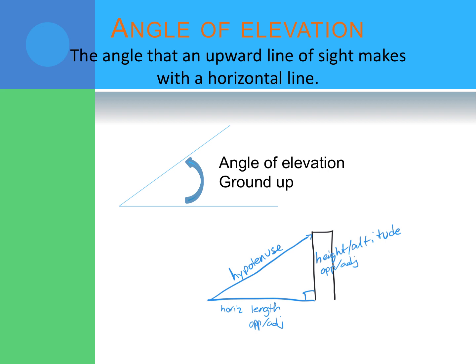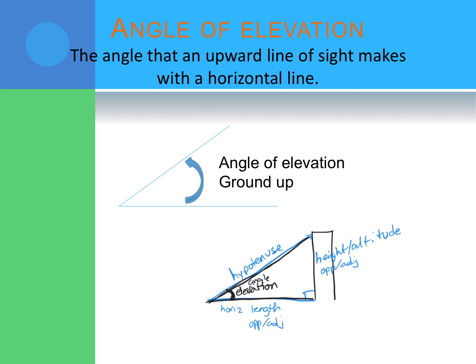When we're trying to figure out missing pieces, we need some angle measure to help us. They're either going to give you this angle measure here, which is your angle of elevation. It's basically from this horizontal line and then the look up at something. So that angle of elevation will be there.